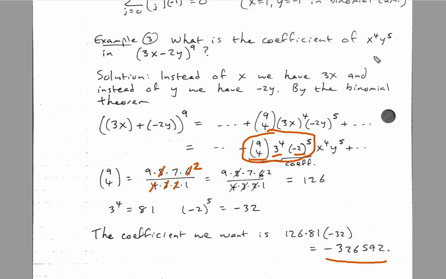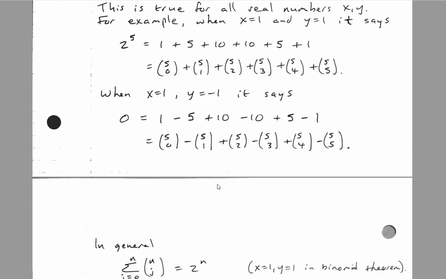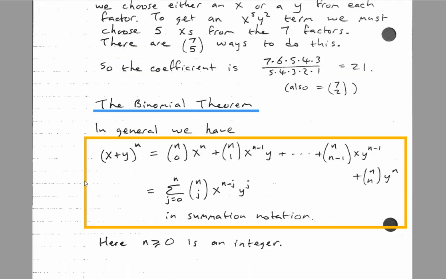So the piece of this power, when you expand it out, that contains x to the power 4, y to the power 5 is multiplied by this number. So we're just using the binomial theorem. You can substitute more complicated things for these x's and y's.